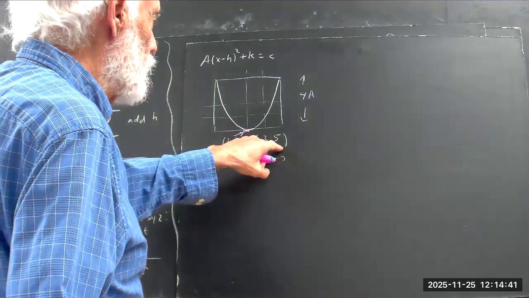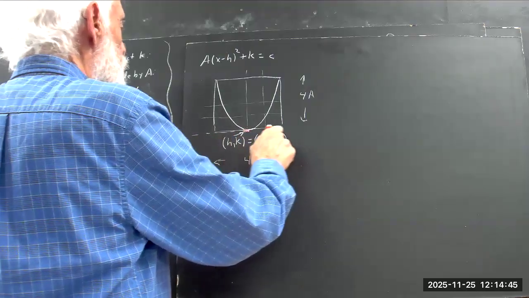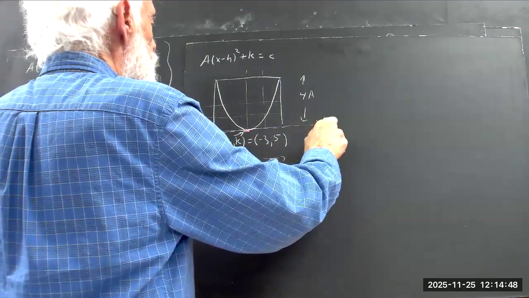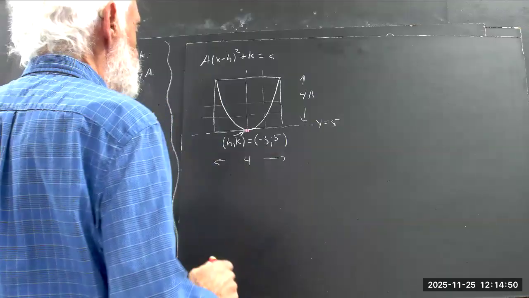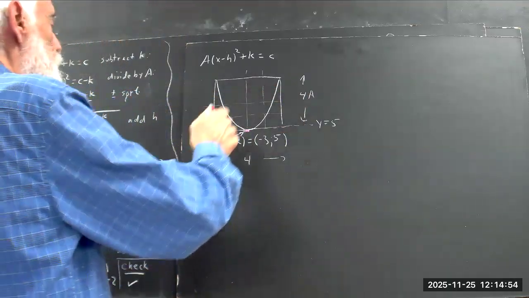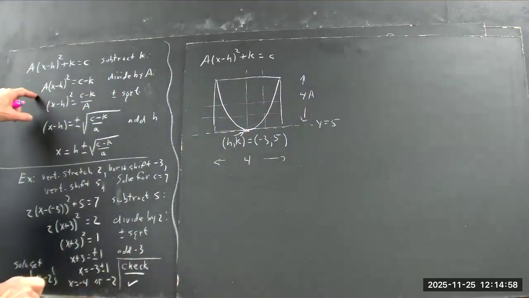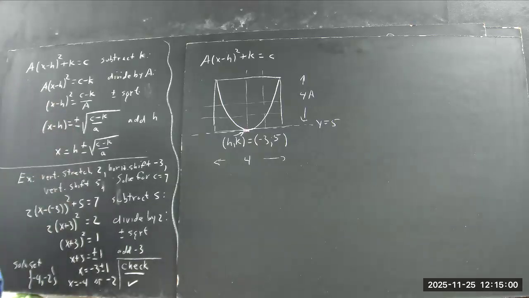If (h, k) equals (-3, 5), and this is the line where y equals 5, 4a, remember that a was 2. Okay.